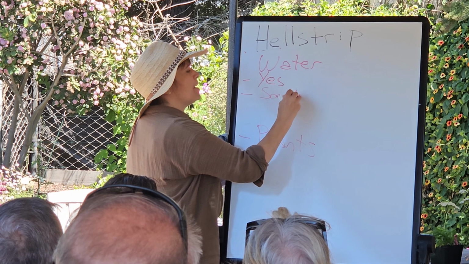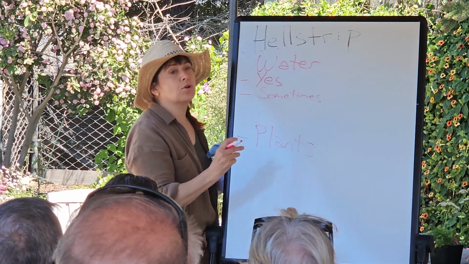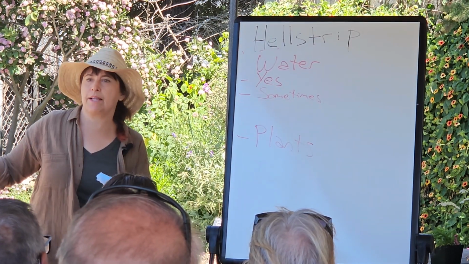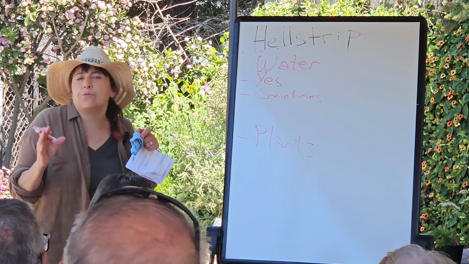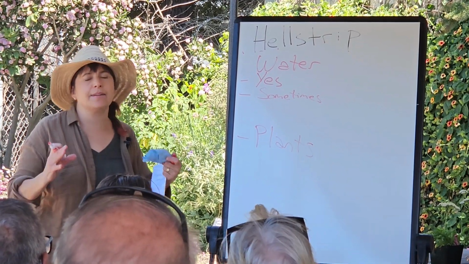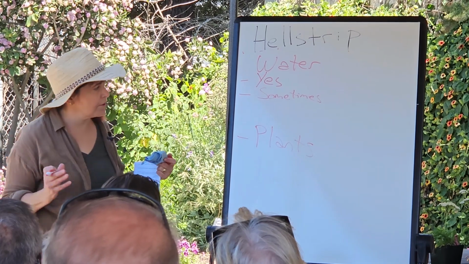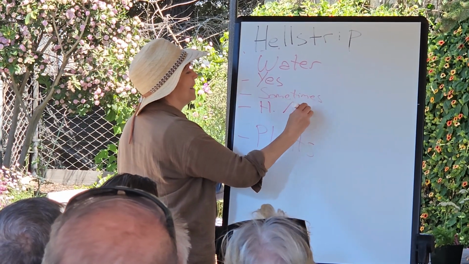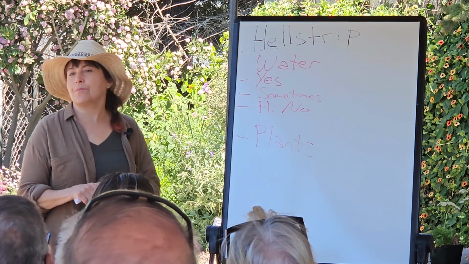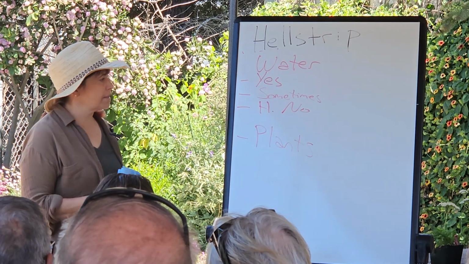Sometimes, meaning with effort, you could bring a hose from a faraway place, around the corner, the back of the building, through the house, whatever. But you could do it, just to get plants established maybe for the first year or so. And then, heck no. There's just no possible way any water can be brought to the site.